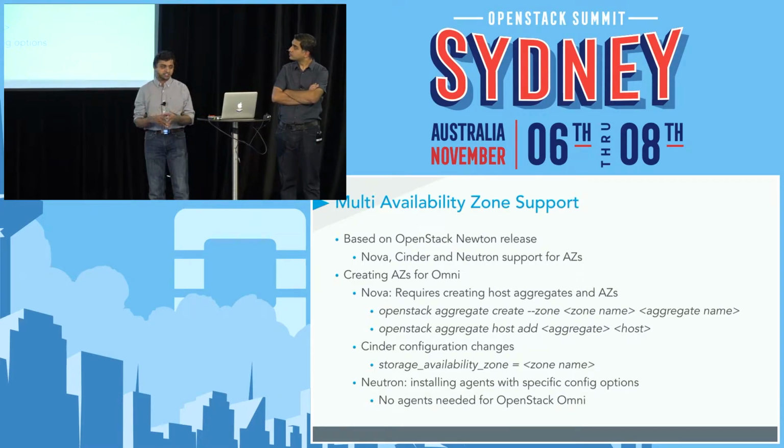Now coming to the multi-AZ support, when Omni v1 was released, we were using Liberty, where not all projects had seamless support for AZs. And that's why it was restricted to a single AZ. But now the latest implementation uses the Neutron code base, where all the projects have some support for AZs.